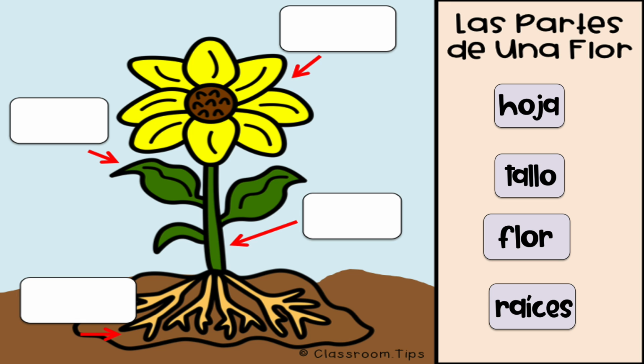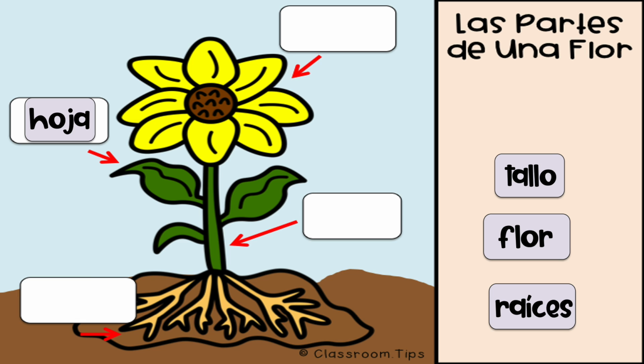It's going to be a little bit out of order this time. So remember, hoja, we think, it's a leaf. So which box in this illustration is a leaf? Correct. The box on the left-hand side that points to the green leaf.